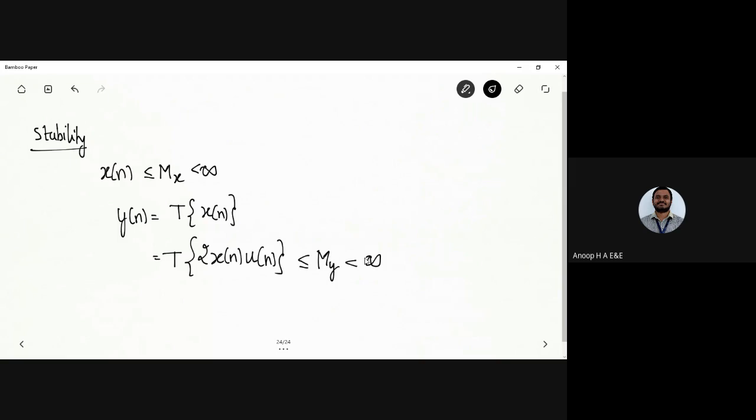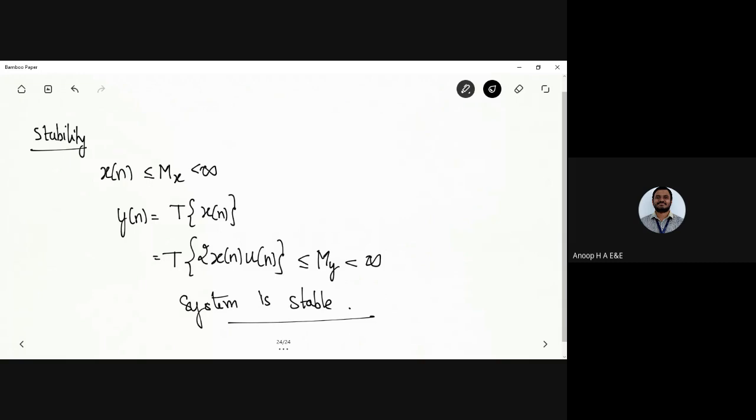Got it? So that is the reason why we say that the system is stable in nature.